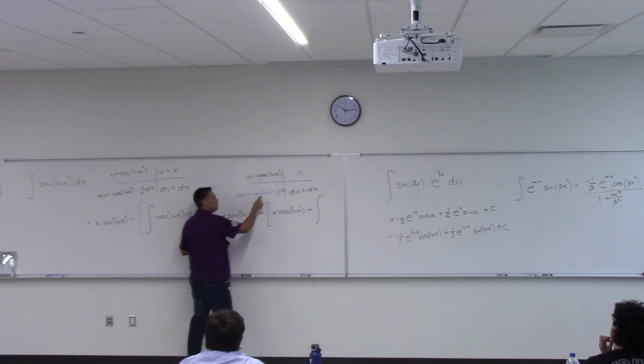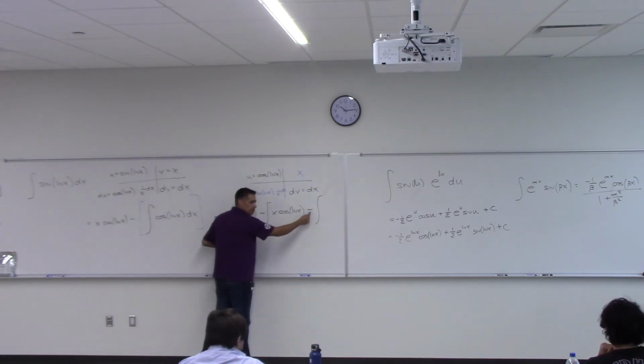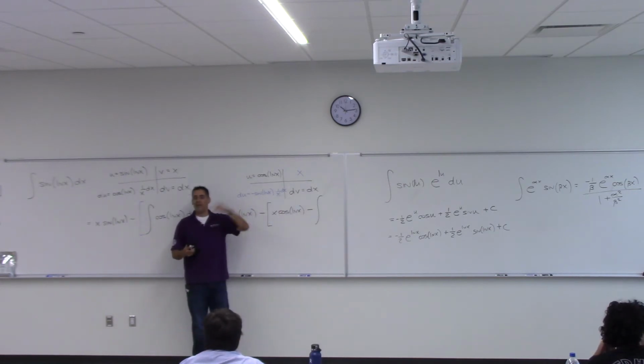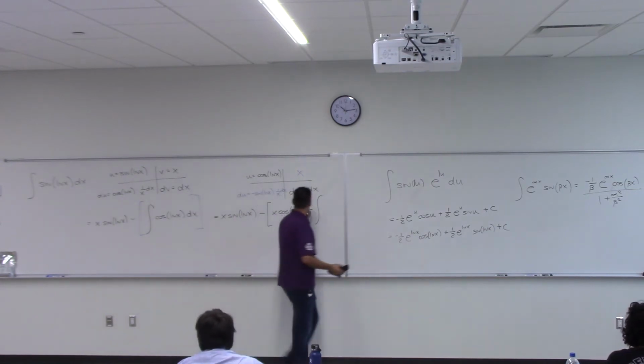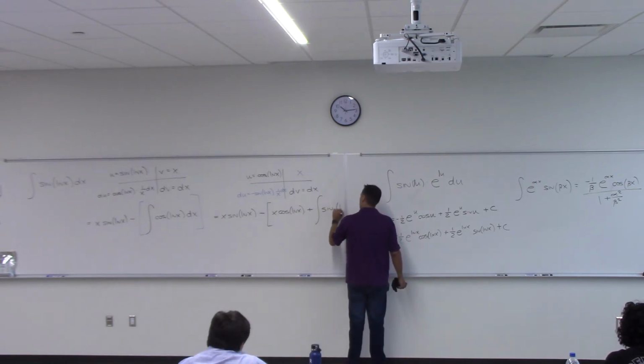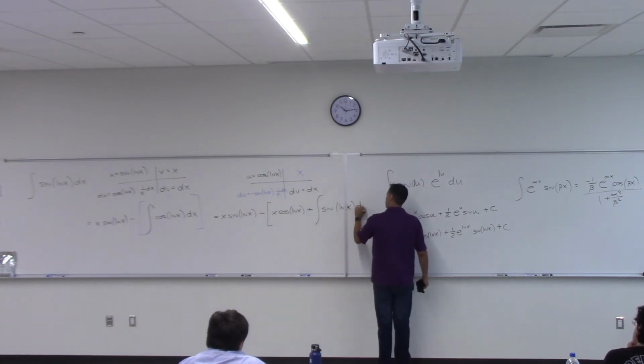Do y'all see here to here, that negative sign? That comes out, right? And that becomes right here a plus. That's important because I needed that negative to come through and make it a minus so I could add it on both sides. So if you miss that, that's a bad situation. Sine natural log x dx.